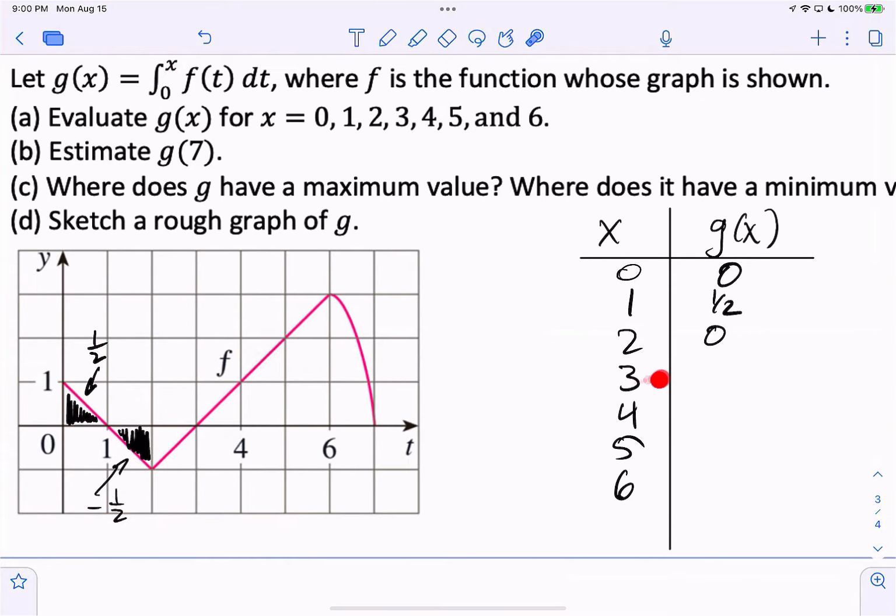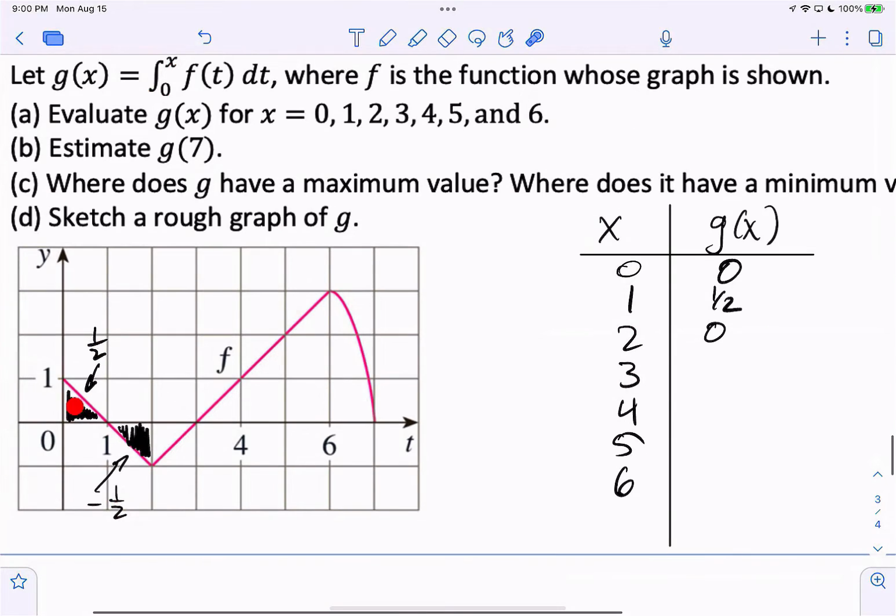For g of 3, we have a 1/2 here and a negative 1/2 here, and then another triangle that's half of a square. That's a negative 1/2 again. So 1/2 minus 1/2 minus 1/2 is negative 1/2.